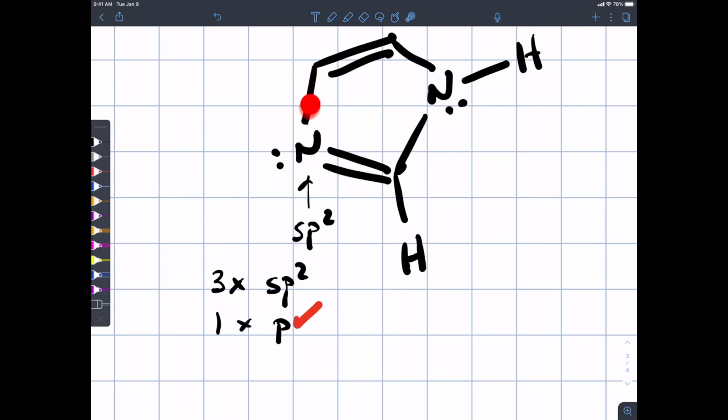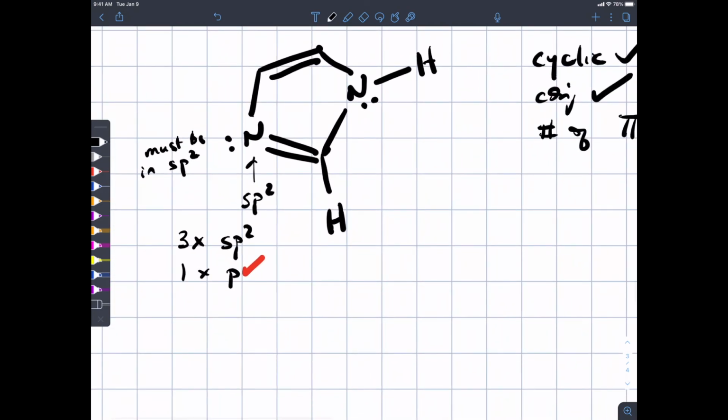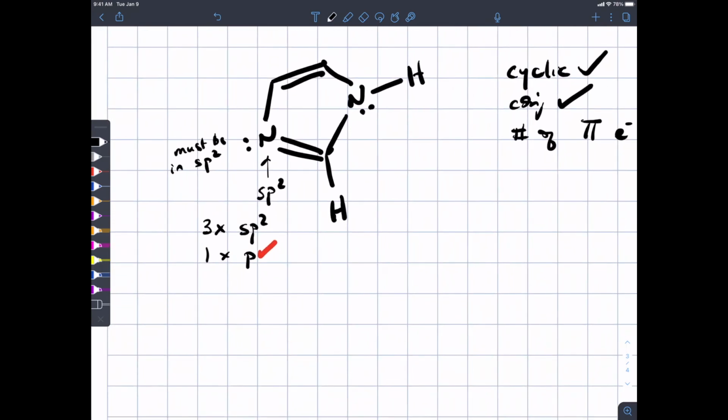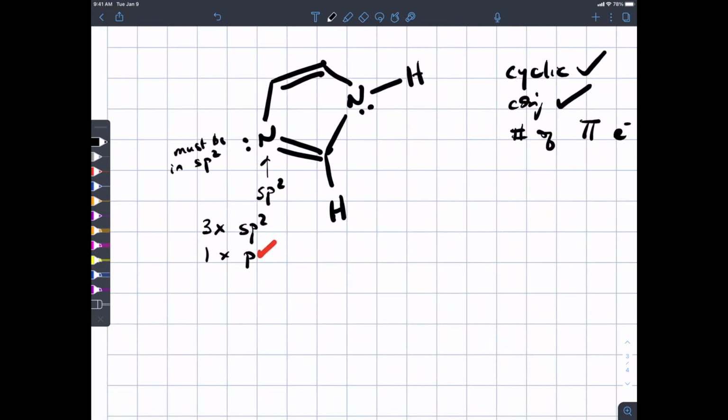One of the sp2 orbitals is involved in this sigma bond. The other is involved in that sigma bond. So we've got 2 of the 3. That lone pair must be in an sp2 orbital. Does that make sense, sort of walking through it that way? It can't be in the p orbital because you're already using the p orbital for the pi bond.